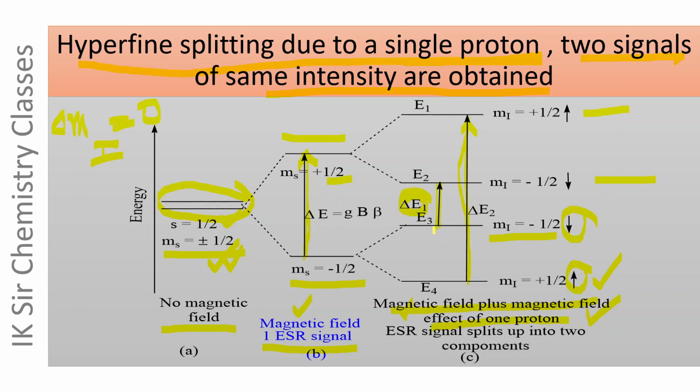This transition takes place from Mi minus half to Mi minus half, that is delta Mi is equals to 0, and this transition also involves Mi equals to plus half and Mi equals to plus half, that is delta Mi is equal to 0. Here too the ESR signal splits up into two components in the case of unpaired electron of hydrogen atom in an external magnetic field.